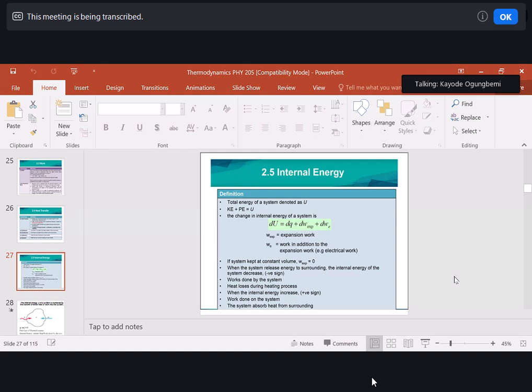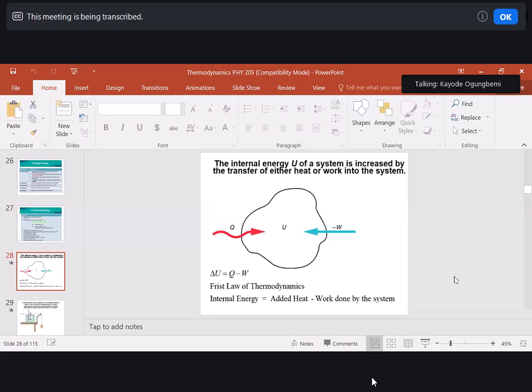And when can internal energy increase? When work is done on the system. When the system absorbs heat energy, those ones are positive, okay? For the negative one, heat is lost from the system or work is done by the system. They are assigned negative.